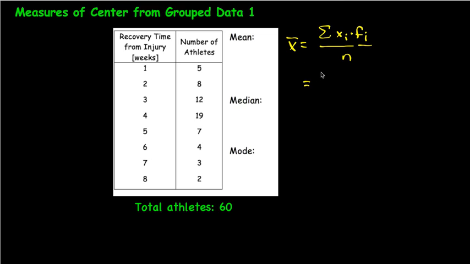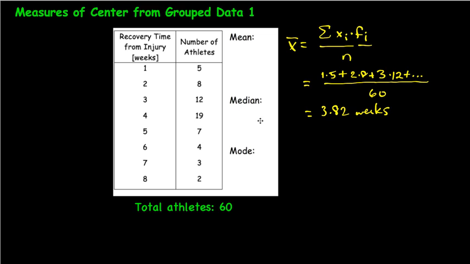So here I've got 1 week 5 times, plus 2 weeks 8 times, plus 3 weeks 12 times, and so on, divided by my total number of athletes, which is 60. That total comes out on our calculator to be 3.82 weeks. We have units here.